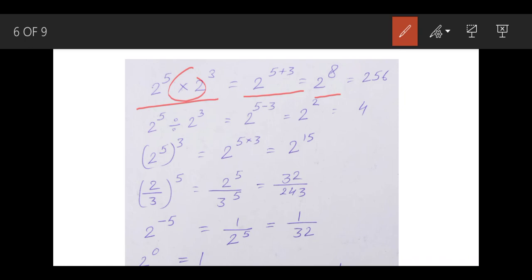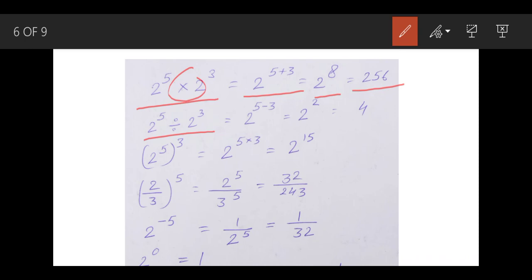On solving, 2 into 2 into 2 up to 8 times, we will get 256. Now 2 to the power 5 divided by 2 to the power 3. Case of division, base is the same, powers will be subtracted. 2 to the power 5 minus 3, which is 2 to the power 2, means 4.